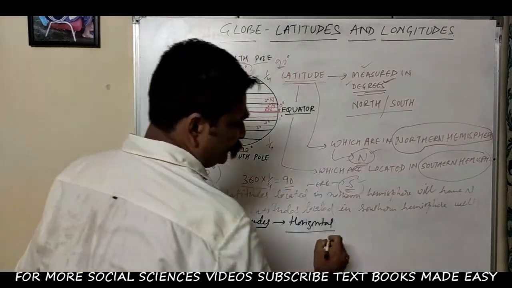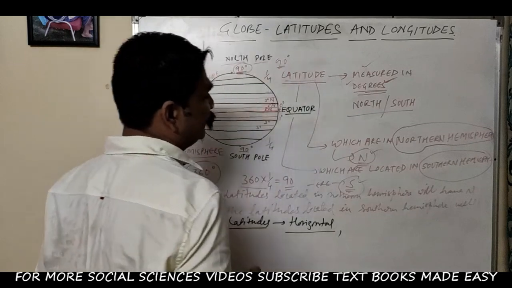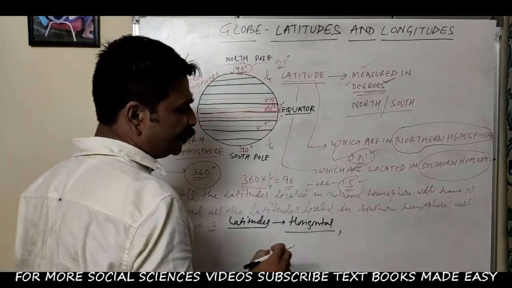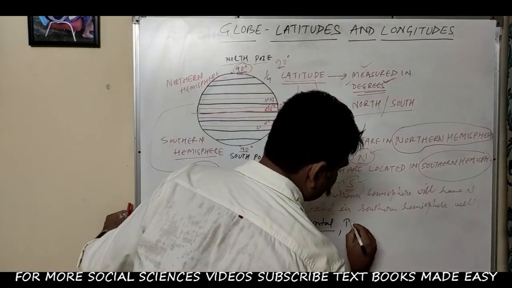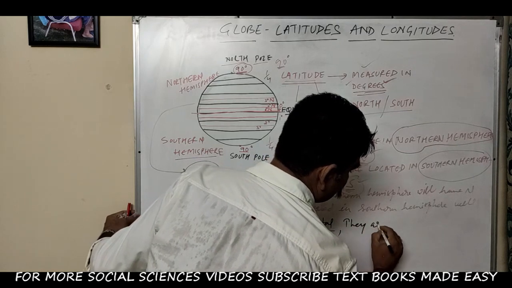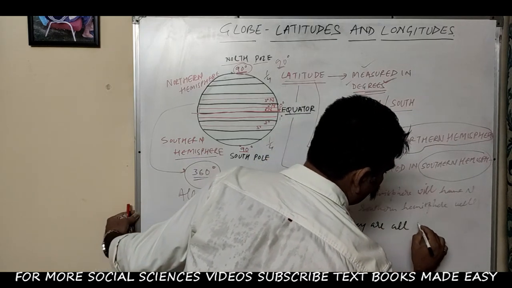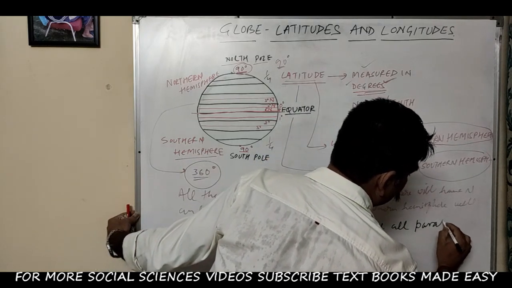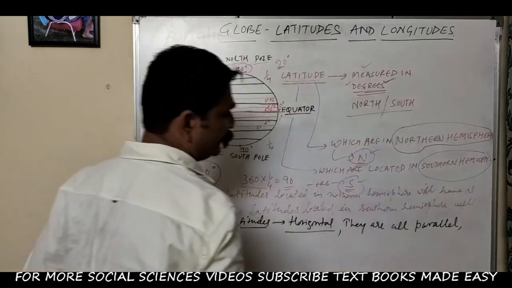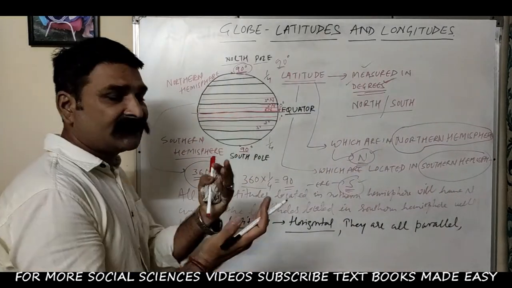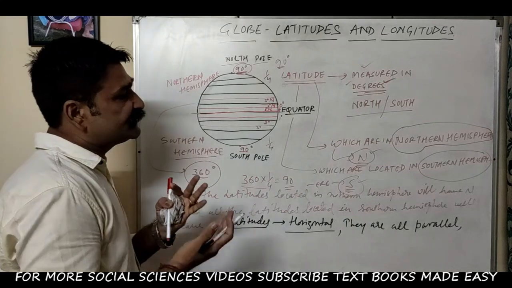Fine. The second characteristic of latitudes is they are all parallel. That means these lines do not cut each other or bisect each other.